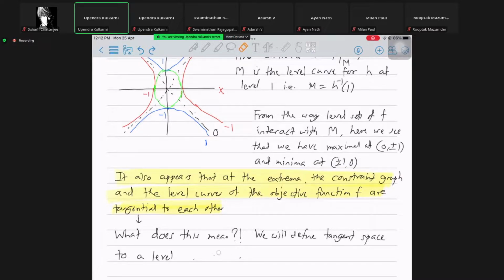In this case, it's a curve. To a level set of a C1 function at a point P. Okay.